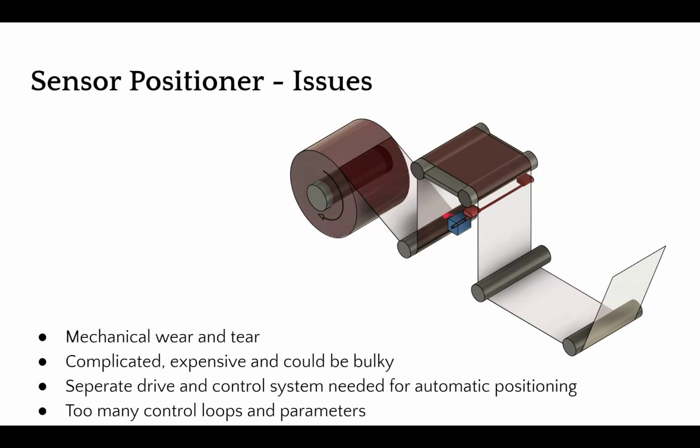And obviously this requires an additional drive or an additional output, an actuator for the system. All of this just makes it complicated. There are also stability issues if the chasing is too fast and things like that, that plague this kind of system.